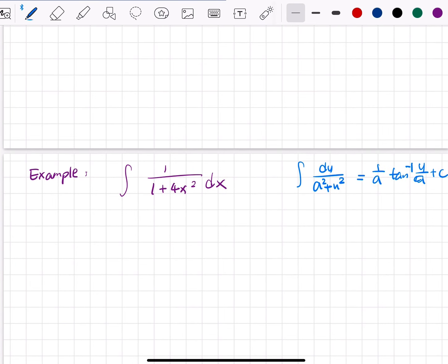We can see that a squared is corresponding to the 1, then a is going to be 1, or plus or minus 1. 4x squared is corresponding to u squared. That means u is going to be 2x.